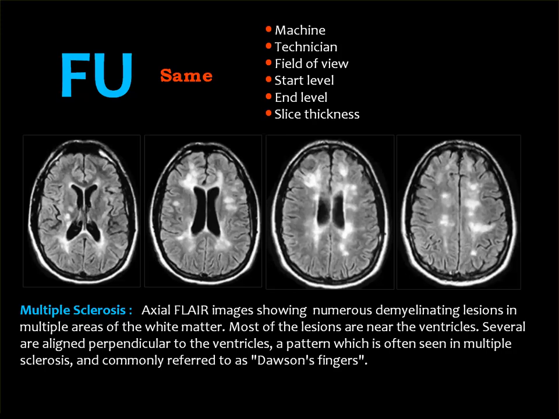Actually, I know in practice, maybe in other countries, they can use software to compare the studies without any effort from the radiologist. But this comparison needs both examinations to be on the same machine, with the same technician, the same field of view, the starting level, the end level, and the slice thickness, which is impossible in our region.